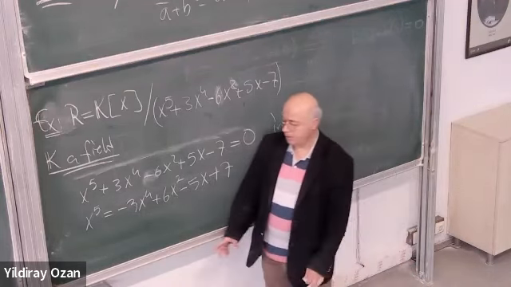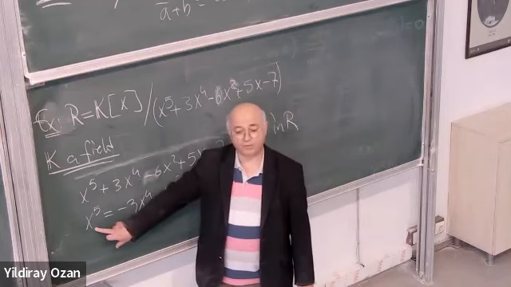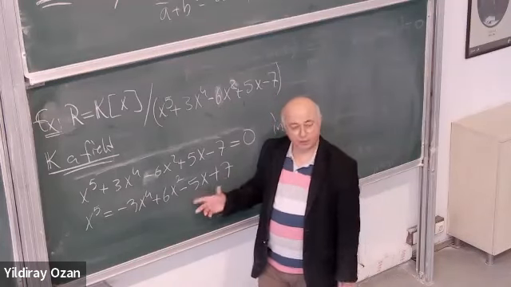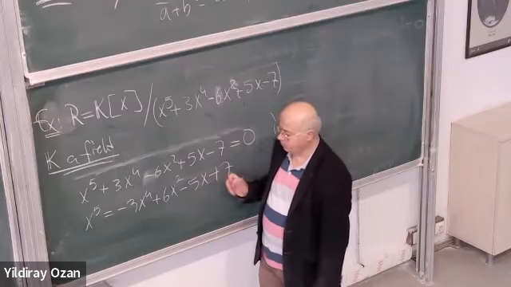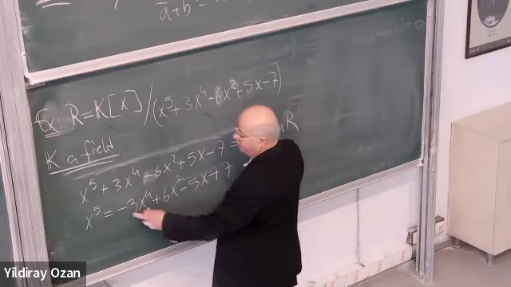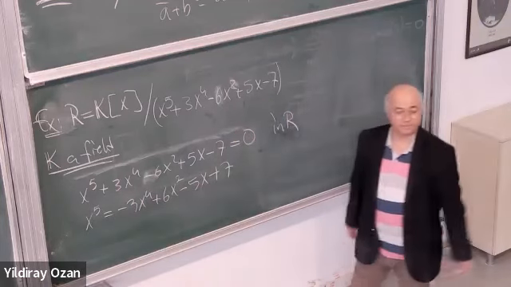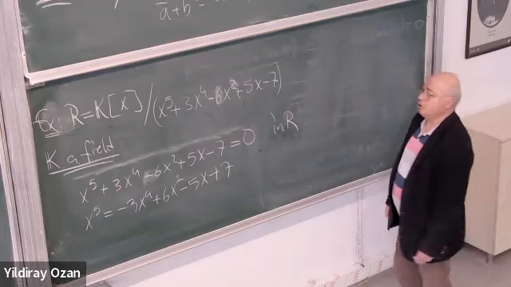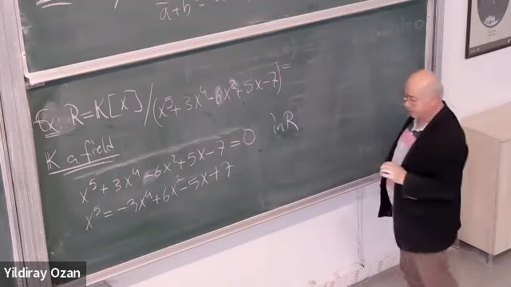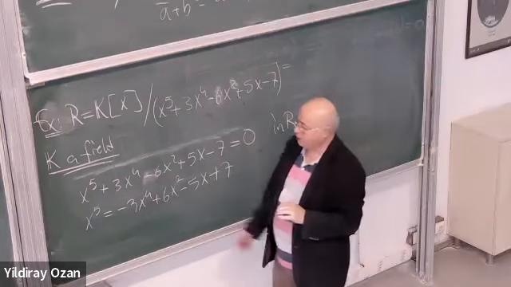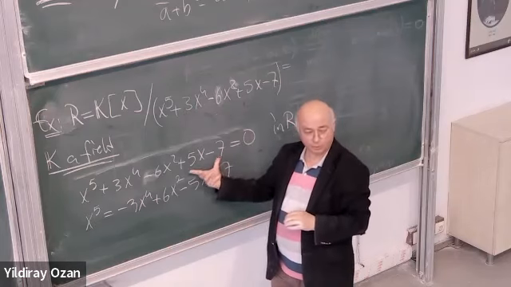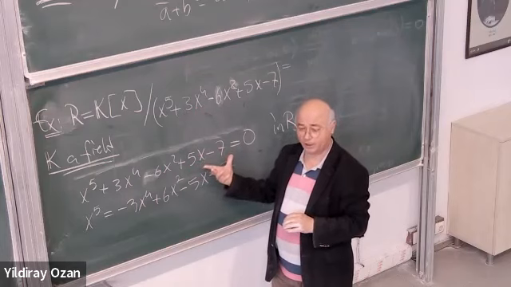This means x to the power 5 is equal to an expression whose degree is less than 5. So what will be this gadget? Its elements are represented by polynomials, but this polynomial is considered to be the zero element.